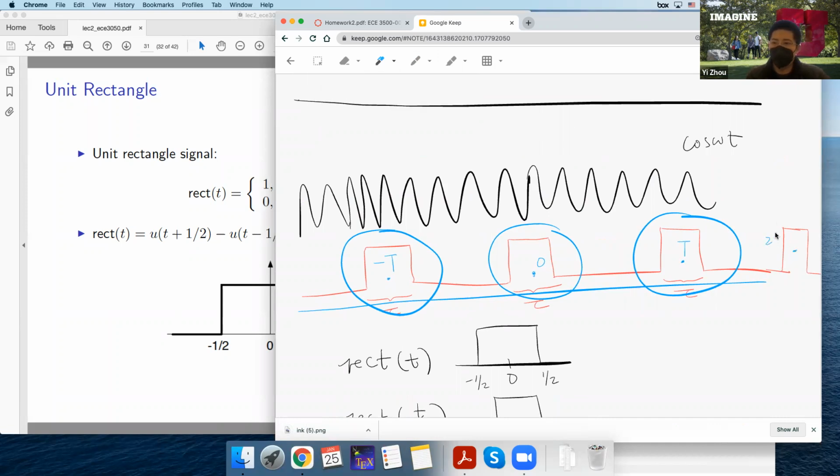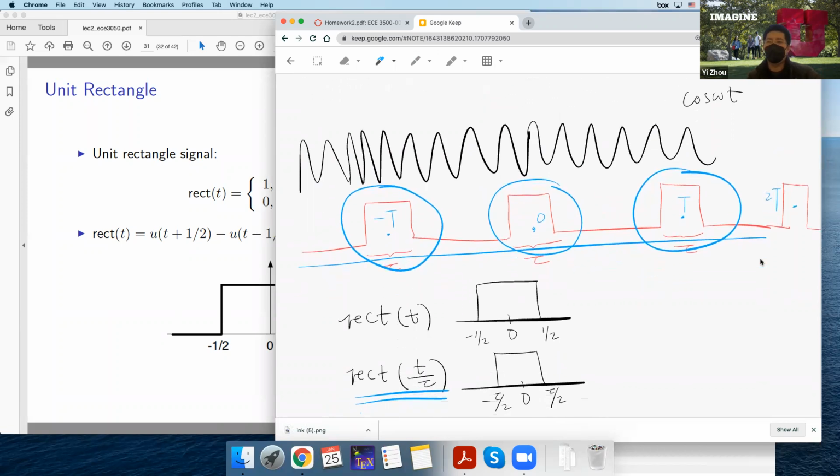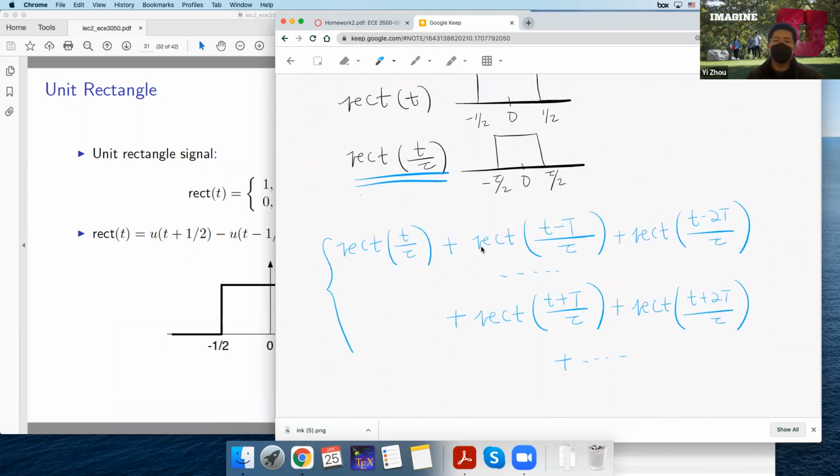Yeah, 2T. So every one of these rectangles corresponds to, it is very easy to understand. If you look at this one, it's the basic rectangle signal. We can directly tell how this rectangle signal is generated from the basic rectangle signal.